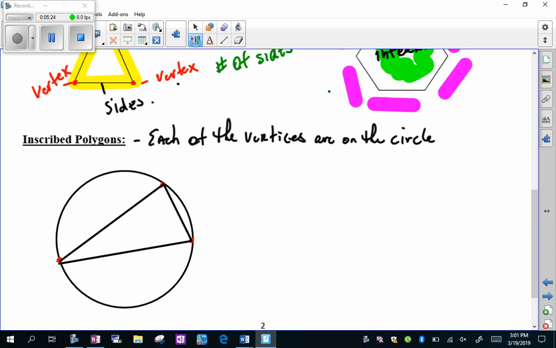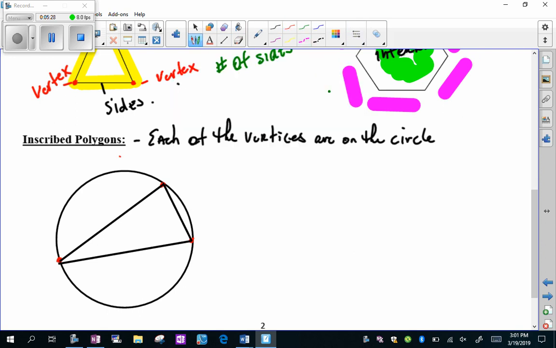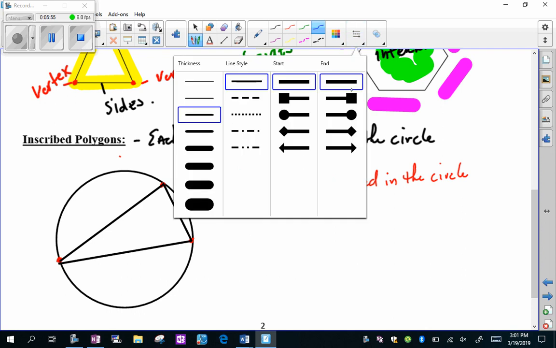So let's write that. So the triangle is inscribed in the circle. Or the circle circumscribes the triangle. And that's something that's a little different for us.